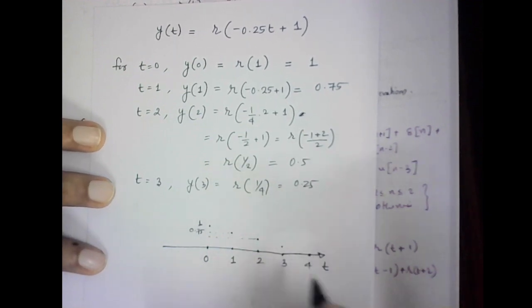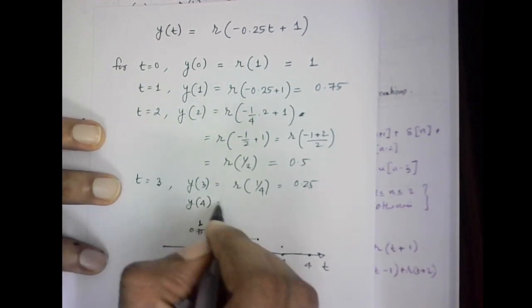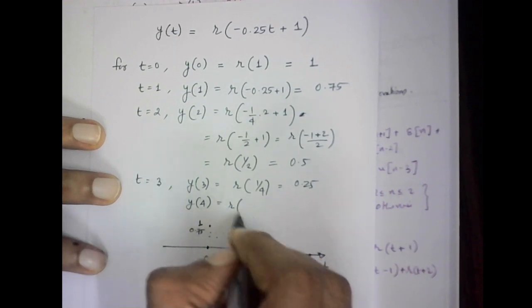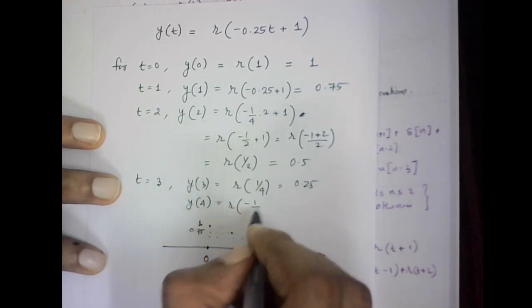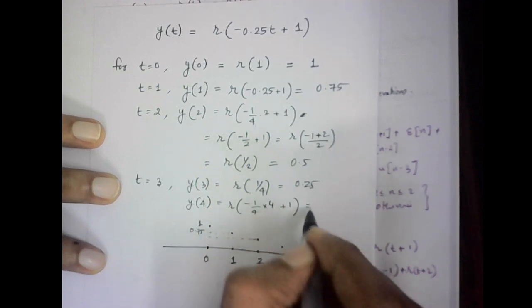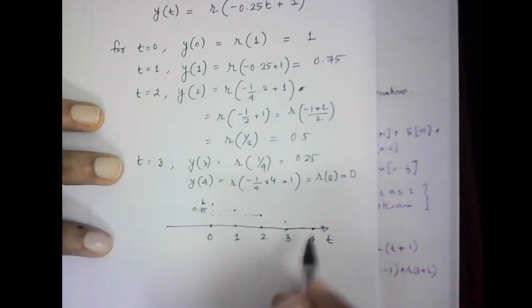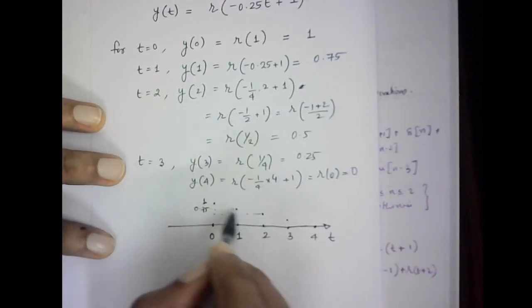Similarly, y of 4, if you do, you will get 0. Y of 4 is equal to r of minus 1 by 4 into 4 plus 1, which is r of 0, which is nothing but 0. Okay, so you got these 4 points. It will be something like this.